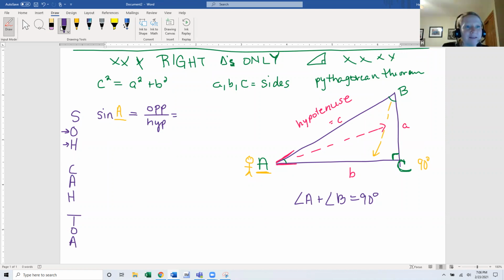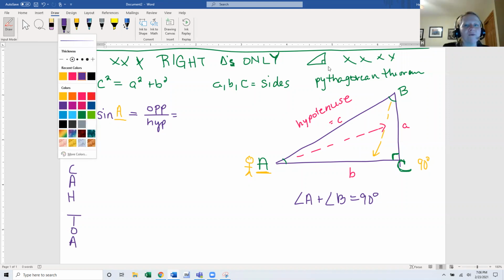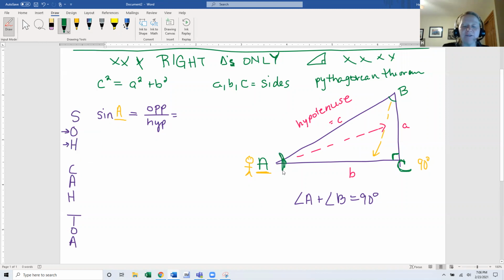This is the C. So let me see if I can do this successfully. So here's angle A, right? Angle A is here in green.